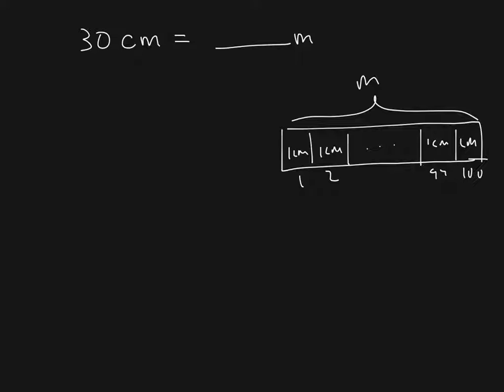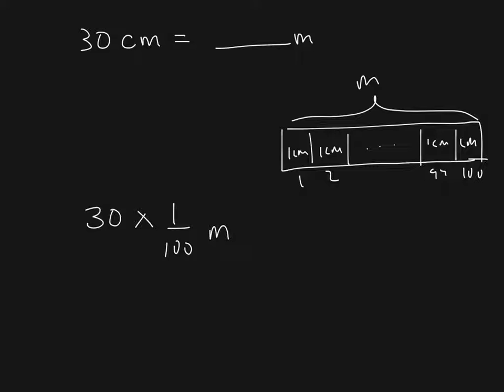So now I'm going to take that information and turn it into an equation involving a fraction. So 30 times 1/100th of a meter. We did something similar a couple weeks ago where we just converted meters to centimeters, and we're doing the same thing again.